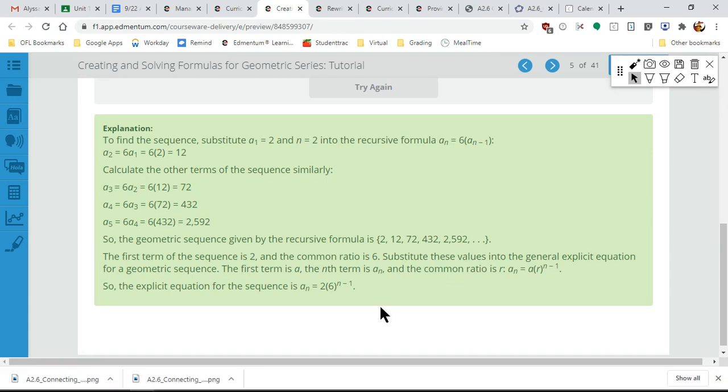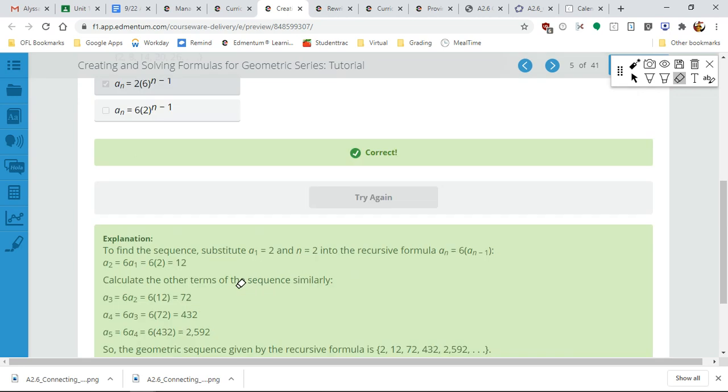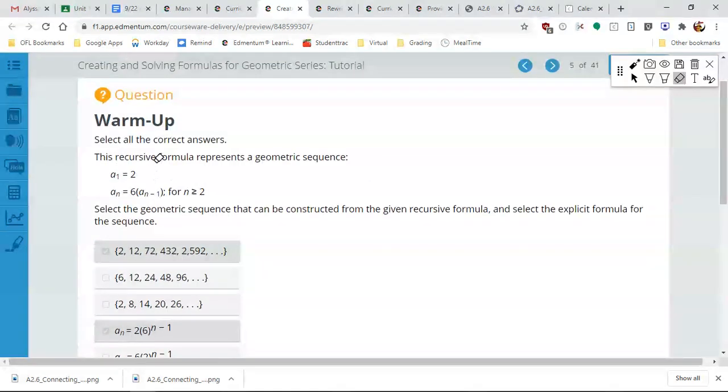It helps because the explicit function, we don't care about what happened before. So this explicit equation, we don't care about what happened before. This rule right here, this recursive formula, when we're doing a recursive formula, we care about what happened before.